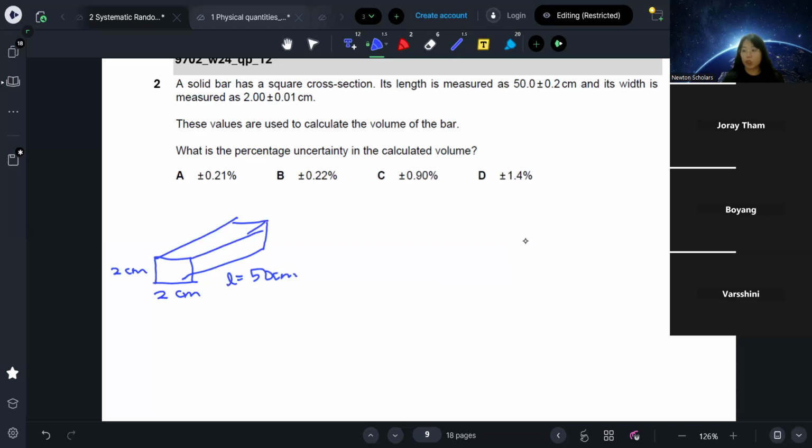You find the fraction, add up the fractions, then you times 100%, because this is easy. Percentage of uncertainty, just times 100%.